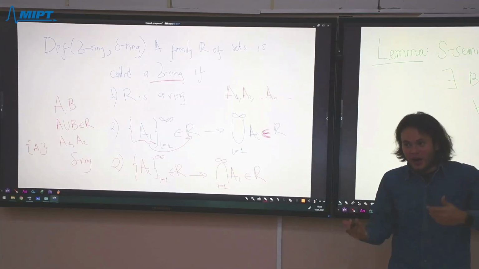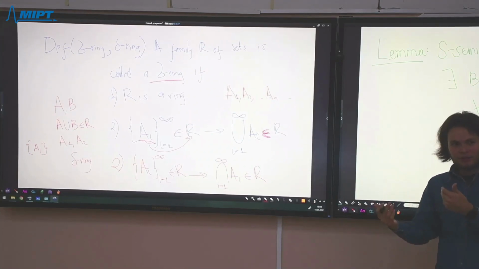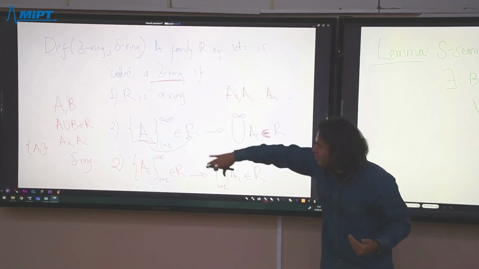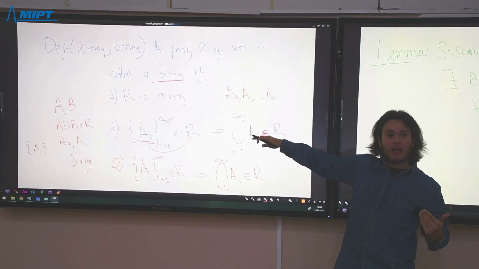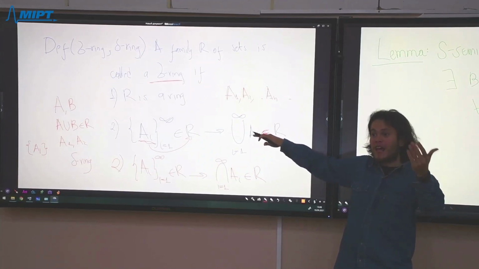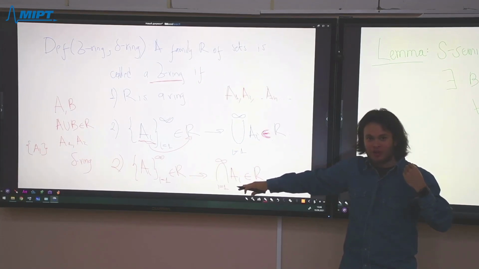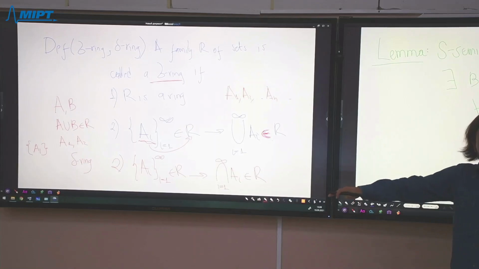Because if R has a universal set, then R is an algebra. If we have an algebra for which this holds, then we get a sigma algebra. And if we have an algebra for which this holds, then we get a delta algebra. So we don't have only sigma algebras, we also have delta algebras.